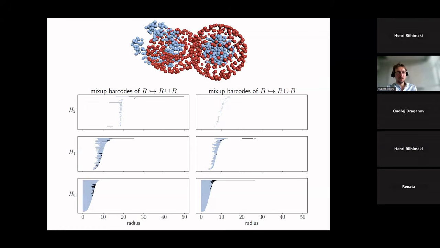In Ondra's work, they look at more of those barcodes, and they have non-trivial relationships between them.